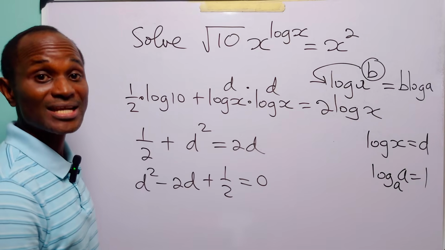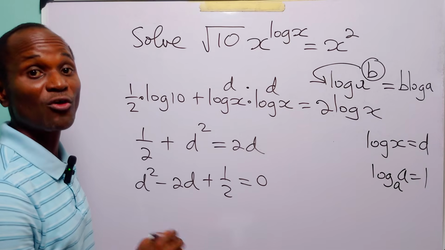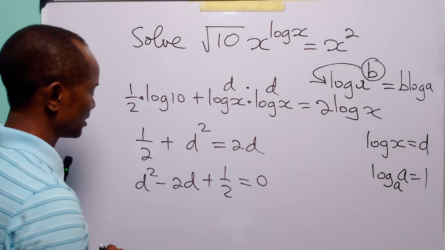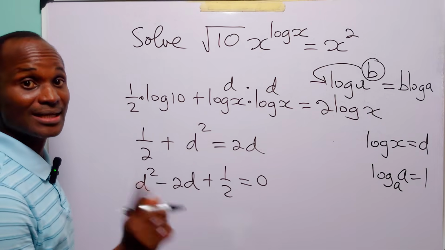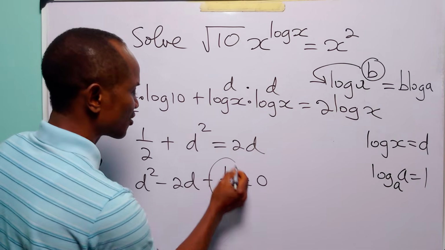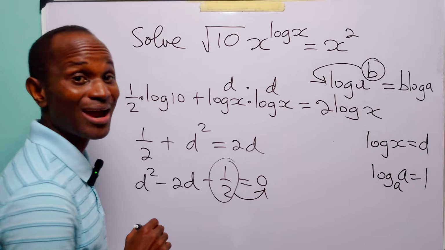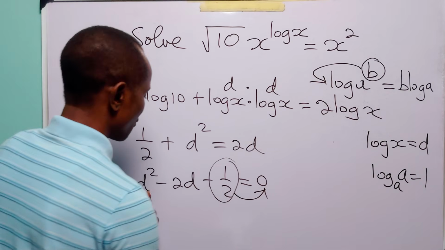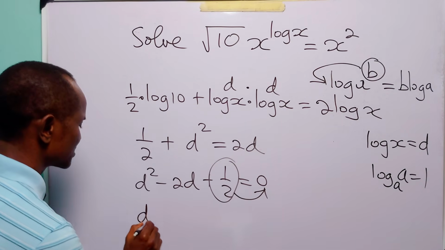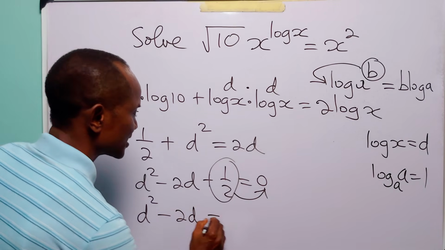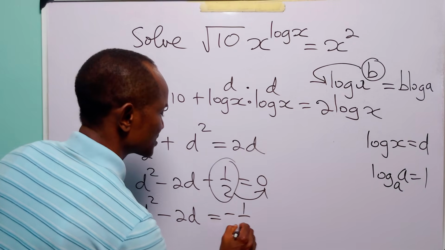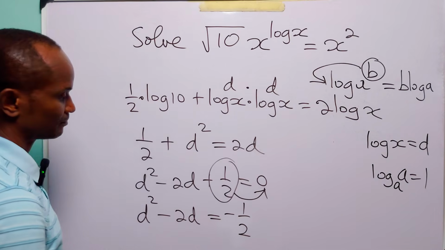Now we cannot factorize this quadratic equation, but we can solve by the completing the square method. And since the coefficient of d squared is 1 already, the next step is to move this constant term over to the right hand side of the equation. When we do that, this equation becomes d squared minus 2d is equal to minus half.